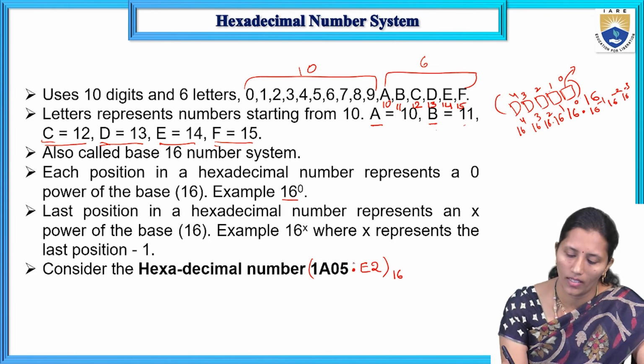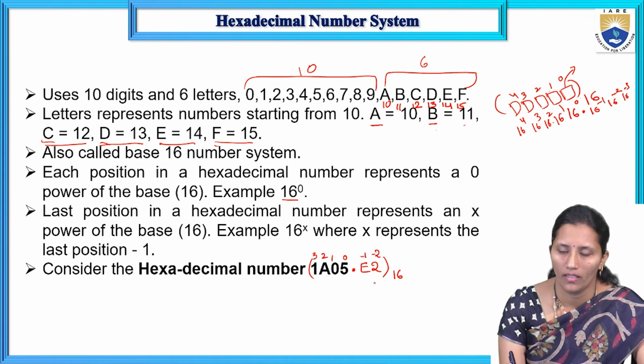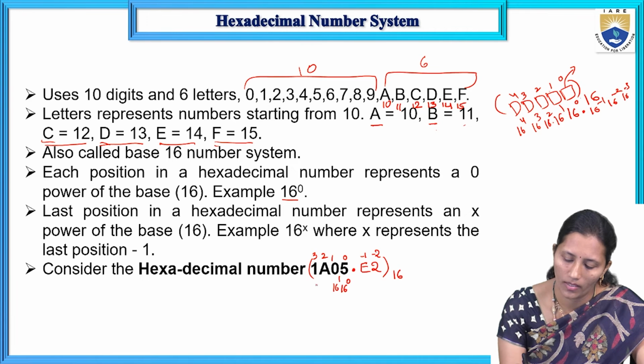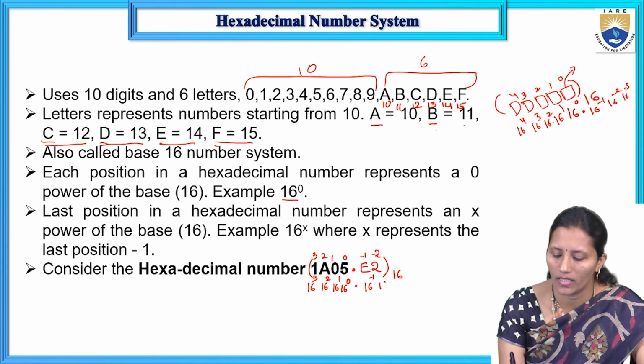So here, on the left side of the hexadecimal point, the positions are 0, 1, 2, 3, and on the right side they are -1, -2. The weights of the individual digits will be 16 power 0, 16 power 1, 16 power 2, 16 power 3, and 16 power -1 and 16 power -2.